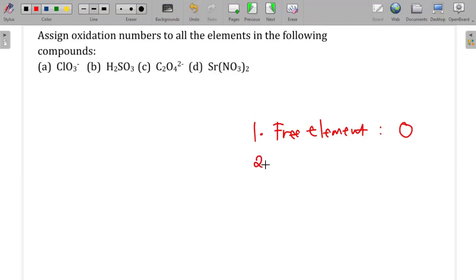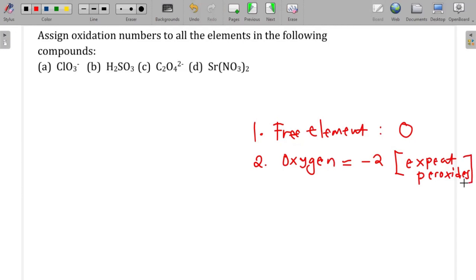Number two, it's a very important rule about the oxygen atom. So the oxidation number for oxygen atom will always be -2, except in peroxides, where it's going to have a -1.